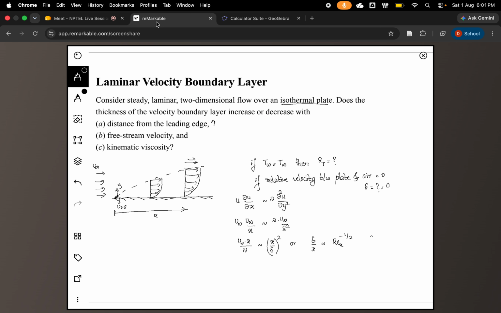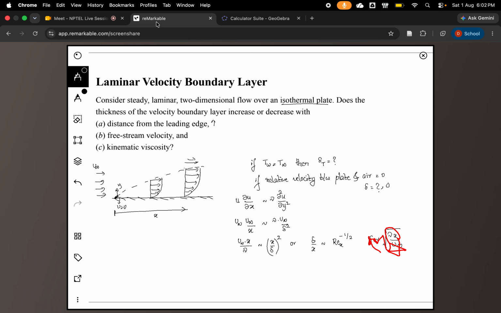Or I can write delta as scaling as the square root of nu x by u infinity. This is again just an order of magnitude analysis. Of course, delta will be equal to some constant times this value, and we do not know that constant yet, which is something we will discuss next week. But for now, the idea is to show you that delta is actually scaling as this.